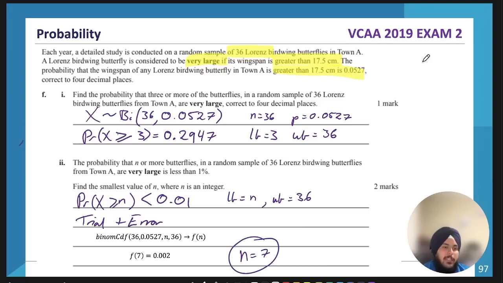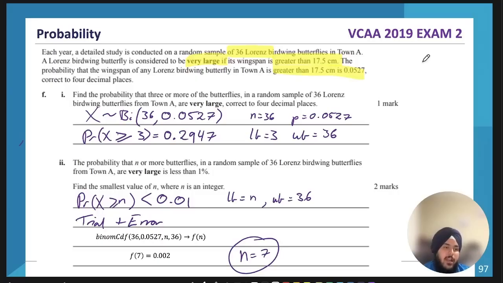The probability that the wingspan of any Lawrence birdwing butterfly in town A is greater than 17.5 centimeters is 0.0527, correct to 4 decimal places. We are trying to determine the probability that 3 or more butterflies in a random sample of 36 Lawrence birdwing butterflies from town A are very large, correct to 4 decimal places.